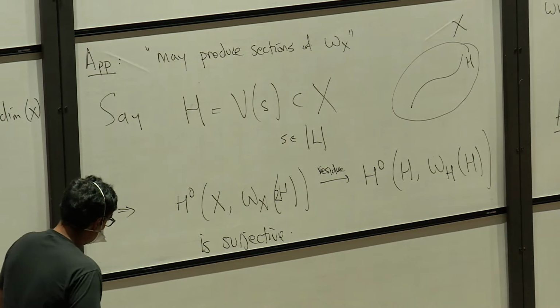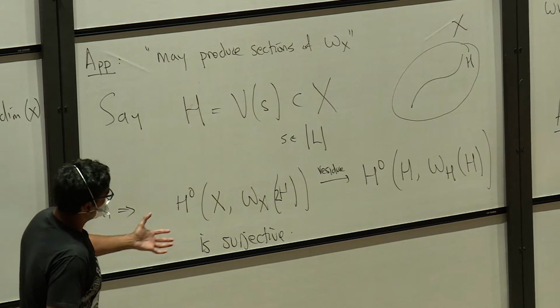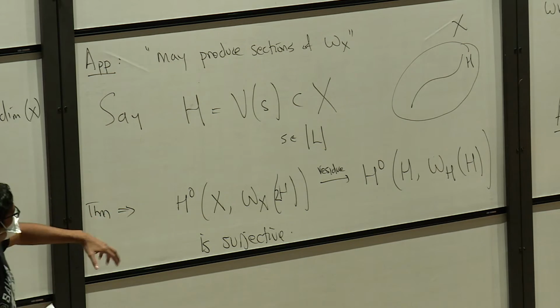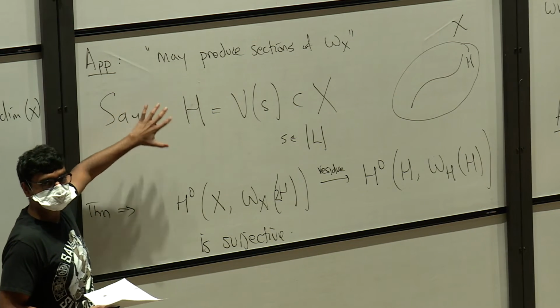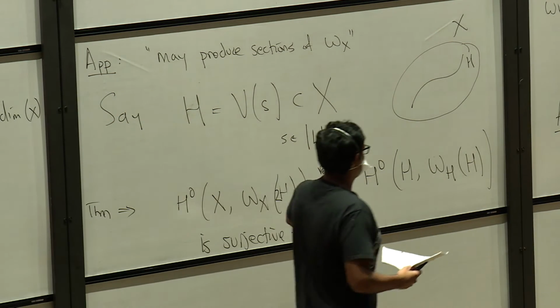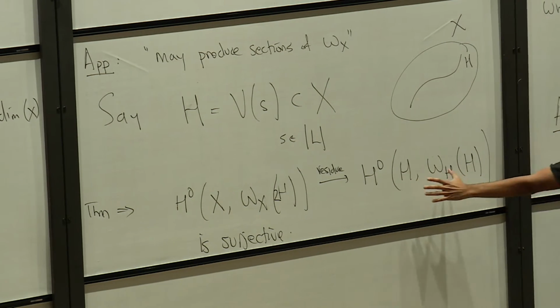What I'm trying to tell you is it's giving you a recipe to prove some kind of a statement along the lines of there are lots of sections of omega by induction on dimension. Let's say you solve that problem for the hypersurface, and you produce some sections over here.